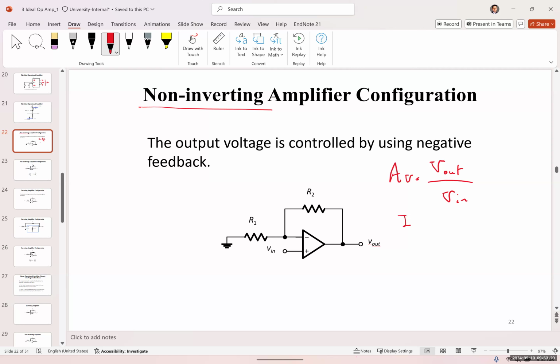And what were the principles? The first principle was that IN is equal to 0, and V positive is equal to V negative. So I'm going to use these two principles to find the result of this equation.